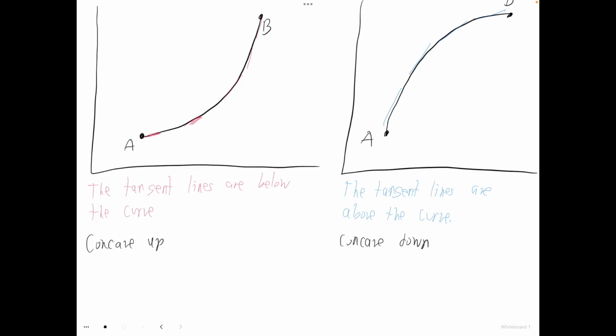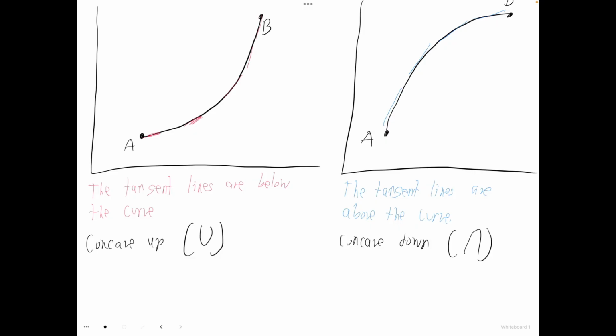Now, to see where the naming comes from, think of concave up as an upward-facing U, so it's opening up. If you draw tangent lines, you'll see they're all below the curve. And concave down is a downward-facing parabola, so since it's opening down, that corresponds to concave down.